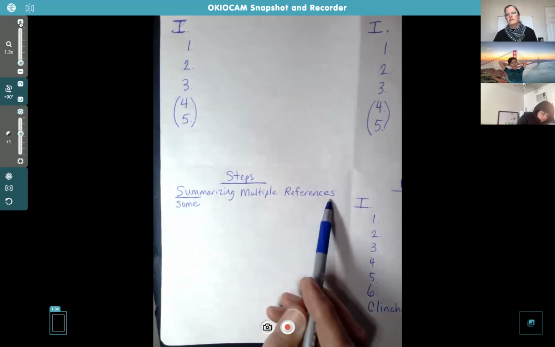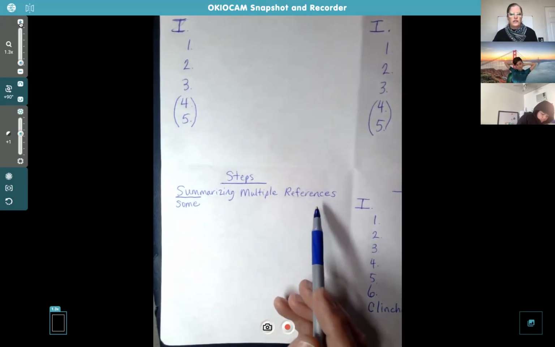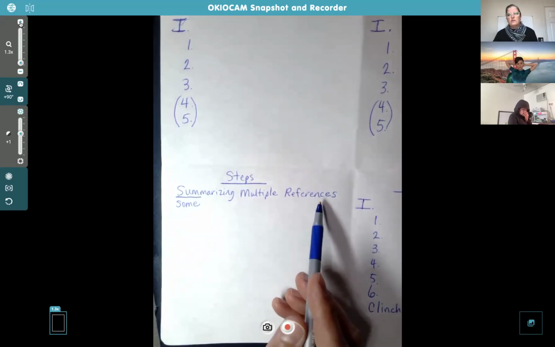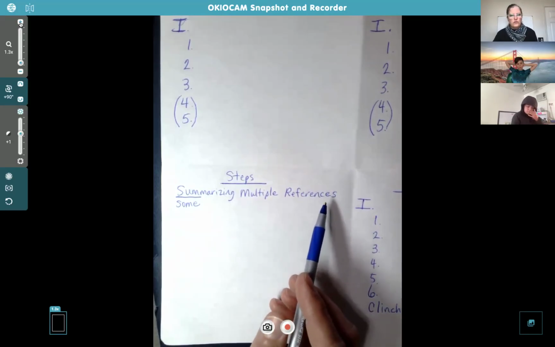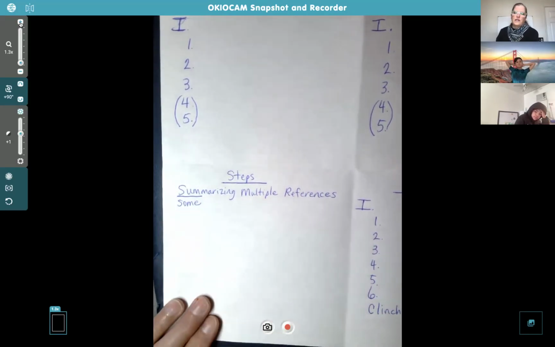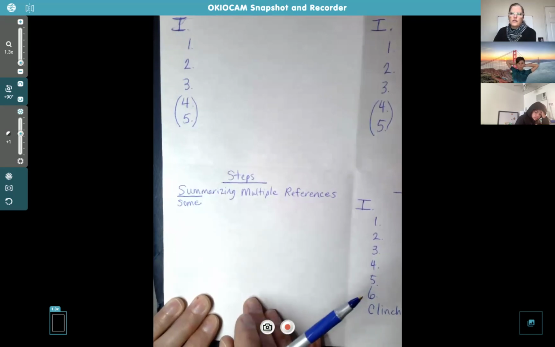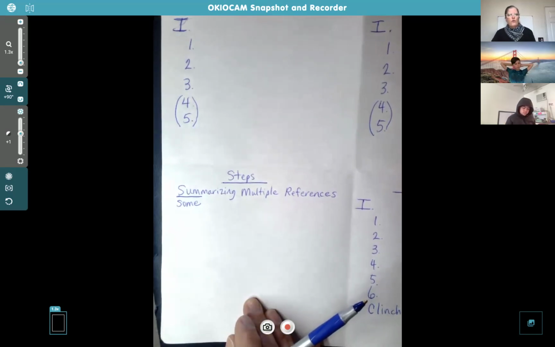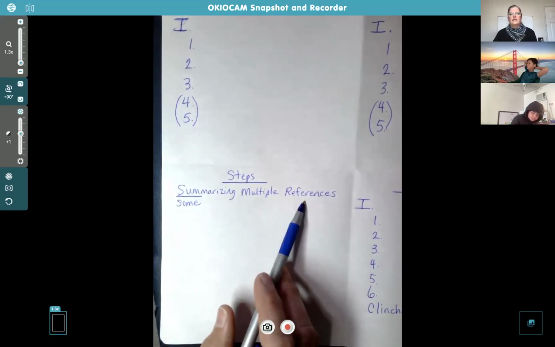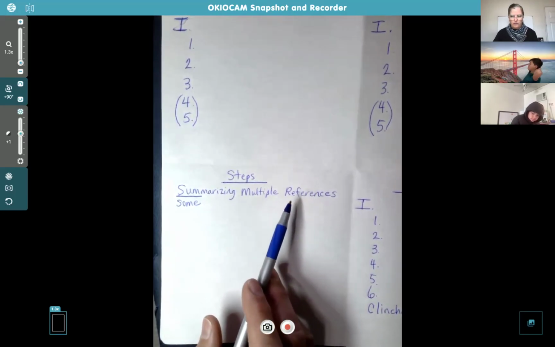The word references means where you're getting your information. Sometimes we get information from books, sometimes from websites, sometimes from documentaries, or encyclopedias. So there's a lot of places we can get information. So this is practicing getting information from more than one place, okay?